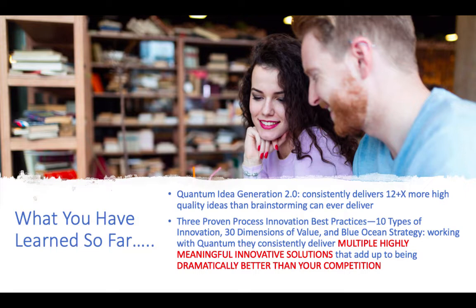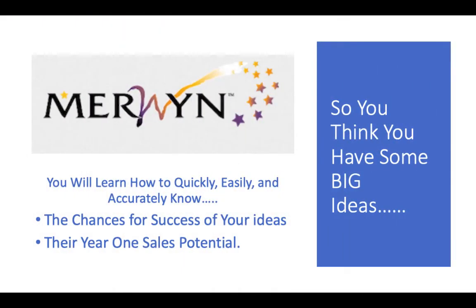But there's some very important work that remains to be done. So let's get into Merwyn and share with you how this tool can help you to quickly, easily, and accurately know 2 things: the chances for success of any and all ideas coming out of your creative session, and their year 1 sales potential on multiple scenarios.